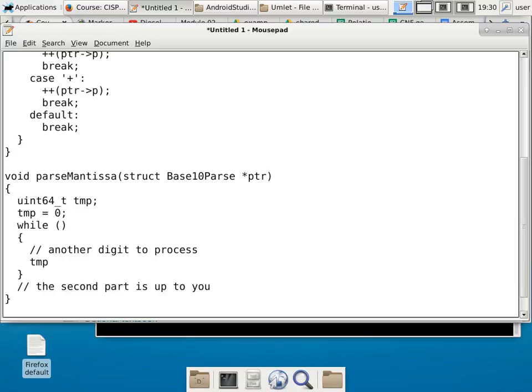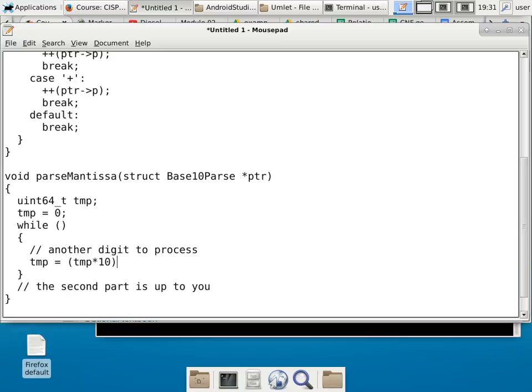Is that okay? So now the question is, how do I make this magic happen? Because it seems like TMP is just magically becoming the value that we see in the string, and all I do is move the pointer from the left hand side to the right hand side, incrementing the pointer. Okay, so how do we do this? So you say TMP equals TMP times 10, because you are seeing a new digit.